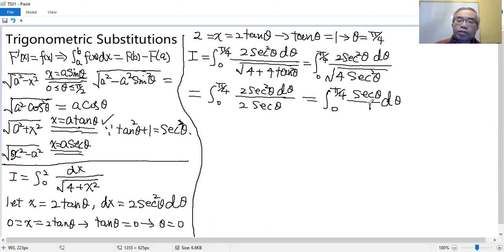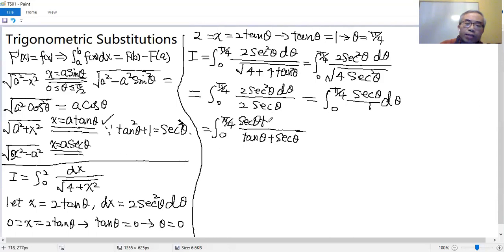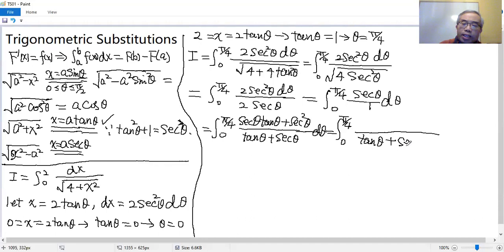In order to evaluate this one, we multiply both top and bottom by tan theta plus secant theta. So we get the integral from 0 to pi over 4, and the bottom is tan theta plus secant theta. The top: secant times tan, so secant theta tan theta, plus secant times secant, so secant squared theta d theta. The bottom is still tan theta plus secant theta.